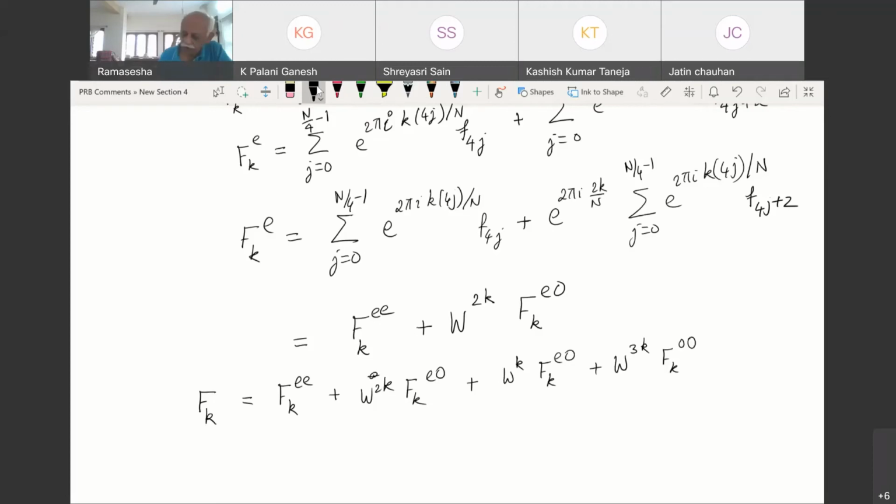Okay, so e means even and o means odd. So the first time you have taken even, that will become fke. Again, take from there, that is those that are 4 the points. Then it will become fk even, and so forth. So what I'll do is I'll continue from here.